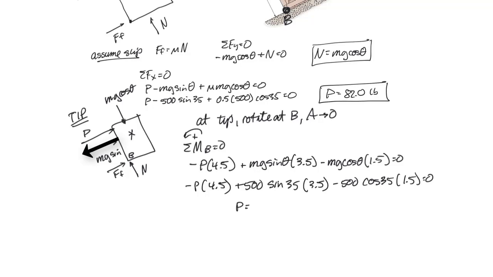Solve that for P, and I got that is equal to 86.5 pounds. So in this case, they're pretty close. Not much difference between the tip scenario and the slip scenario. But basically, the scenario that requires the smallest force is what will happen first. So in this case, this is the smallest force required to keep it from tipping or slipping.